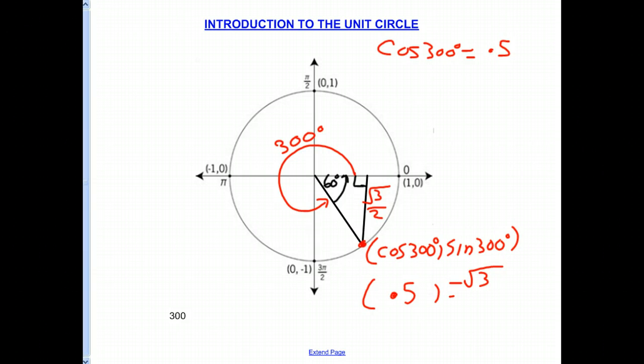So we get negative square root of 3 over 2, and that tells us that the sine of 300 degrees is equal to negative the square root of 3 over 2. Once again, using the fact that we had a unit circle, finding the reference angle, and determining which quadrant we're in will help us find the sine and cosine of our theta, in this case 300 degrees.